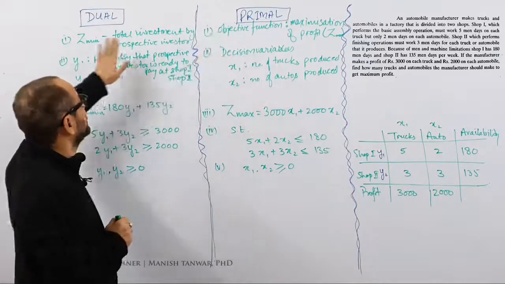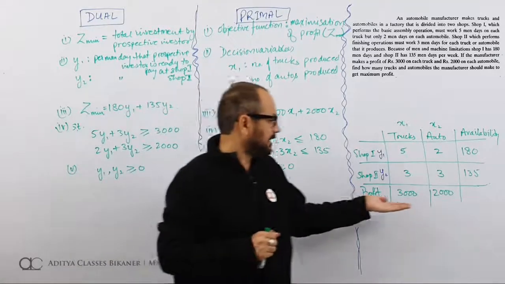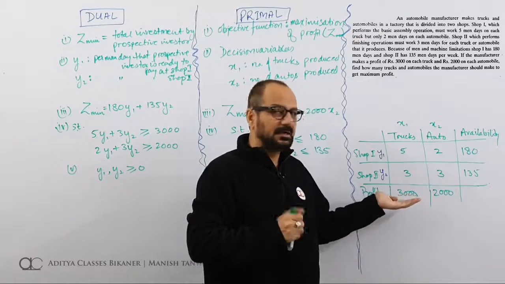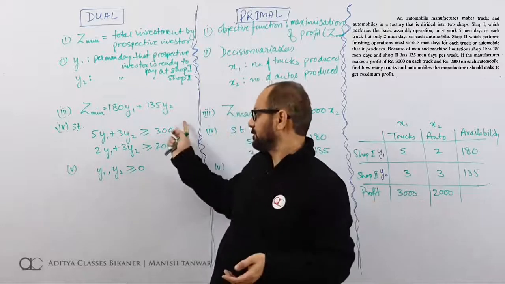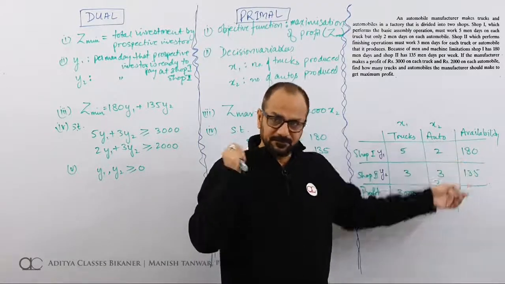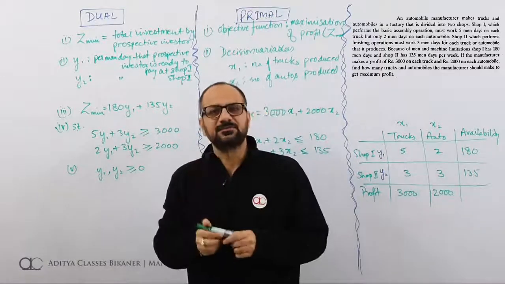This is the relationship between primal and dual. And we can see the axis that was giving me the objective function has become the constraint in dual, and the axis which was giving me constraints in primal has given me the objective function in dual. This is how it gets flipped in dual.